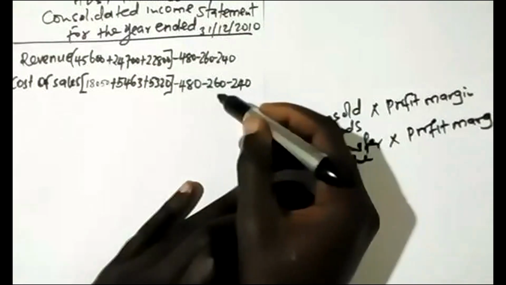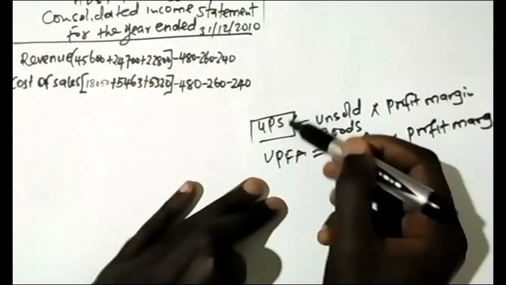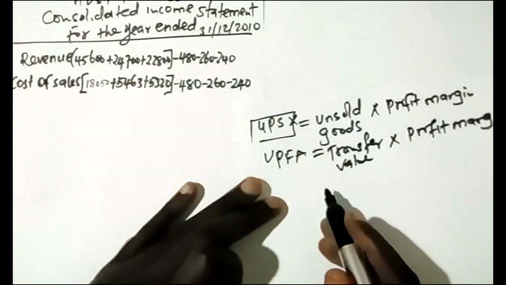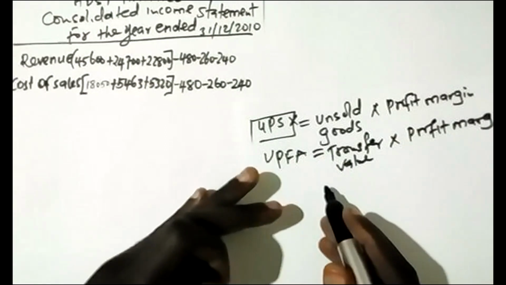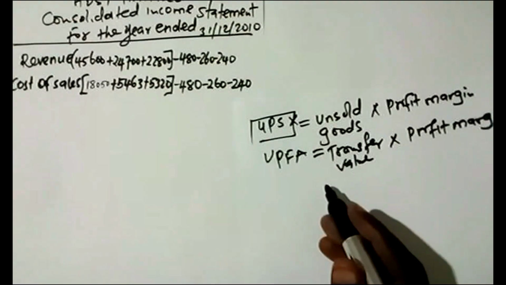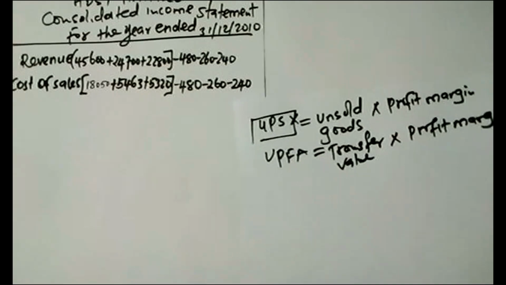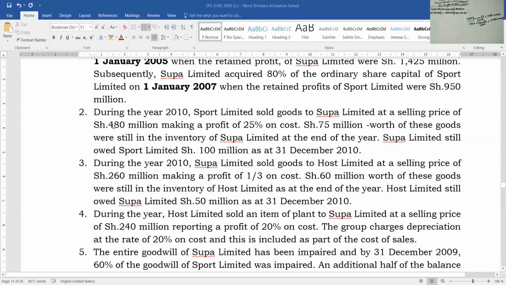But for the others, it's UPS, the unrealized profit on stock. So let's get the unrealized profit on stock for the goods of 480. For the entity which received them, the goods worth 75 were unsold. That is what you are told here.